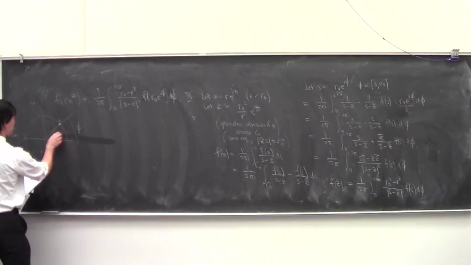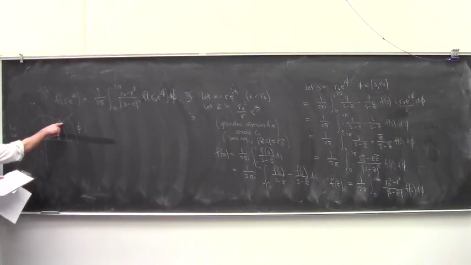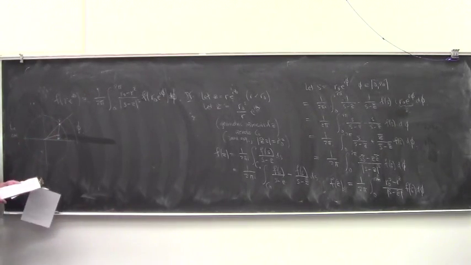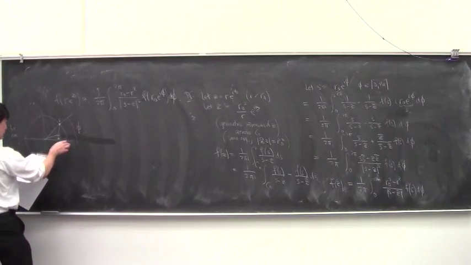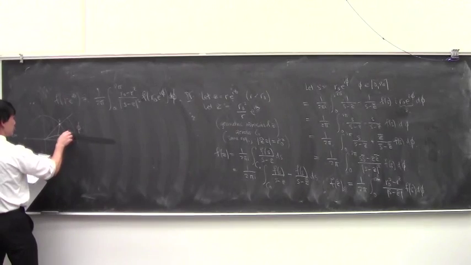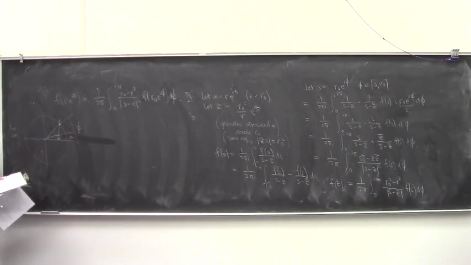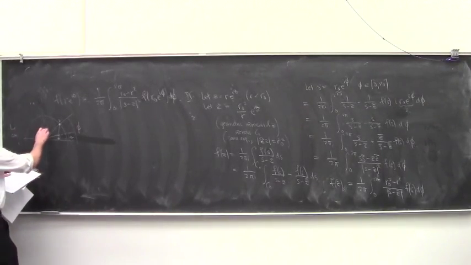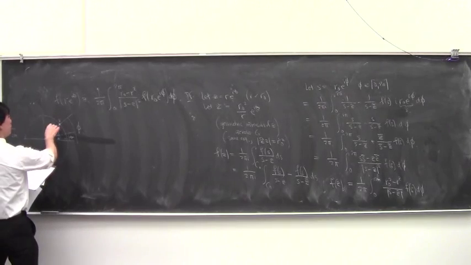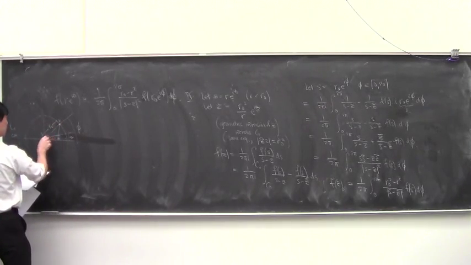Sorry. Right, and we're wondering about the modulus of s minus z, right? This angle is theta, right? And this length is r naught, and this length is r.